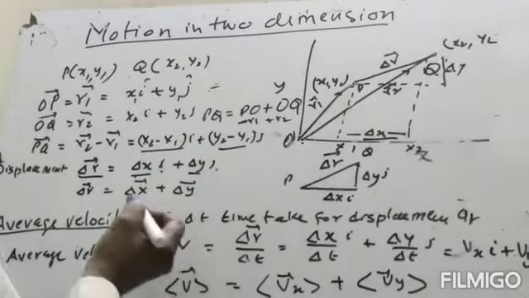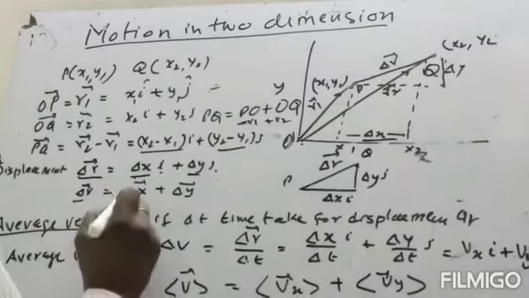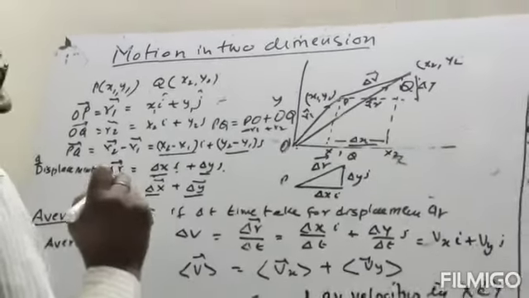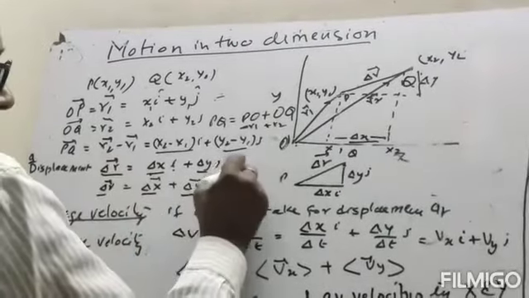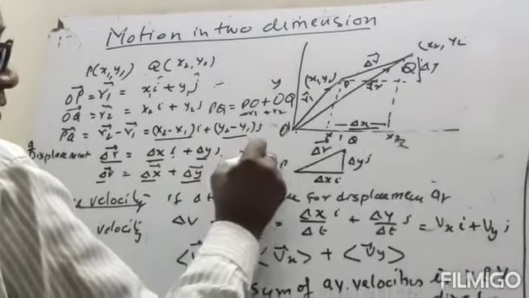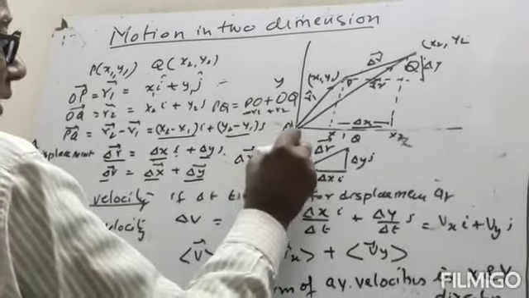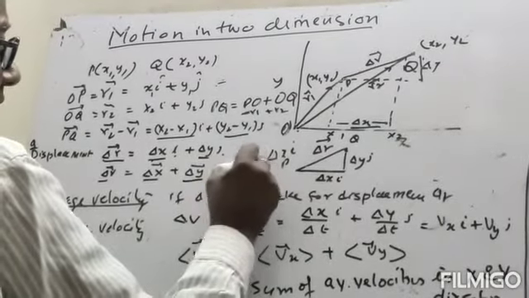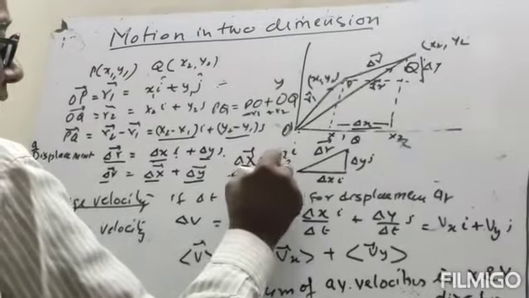If we write it in vector form, then delta r will be equal to delta x vector plus delta y vector. Here delta x vector is equal to delta x into i, and similarly delta y vector is equal to delta y into j.